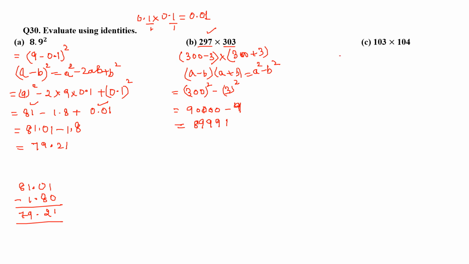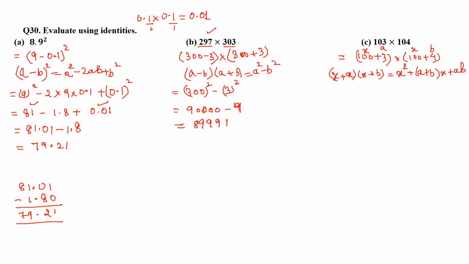Now the C part, 103 into 104. So here both the numbers are near to 100. So I can write 100 plus 3 and 100 plus 4. Right? Now this is based on your identity. If you assume this as x, this as a, this as x and this as b, this is based on the identity x plus a into x plus b, which gives x square plus a plus b whole x plus ab.